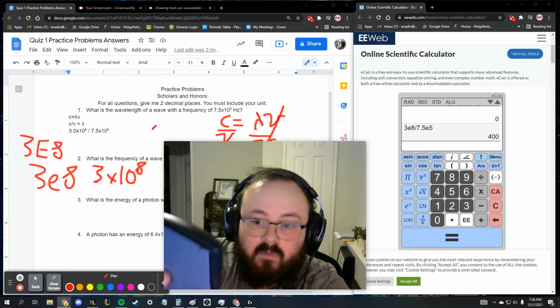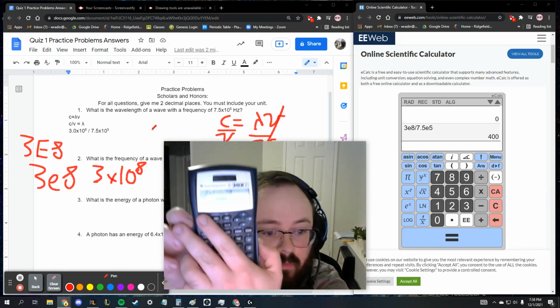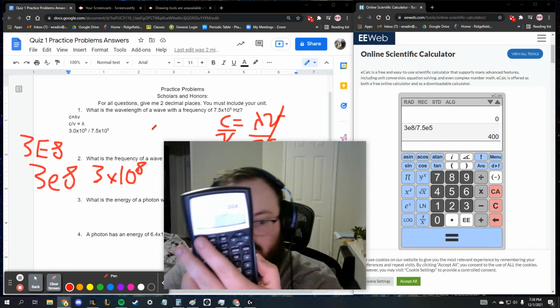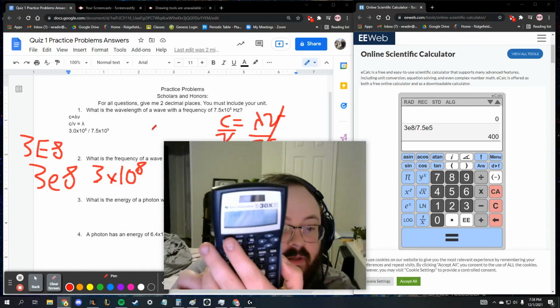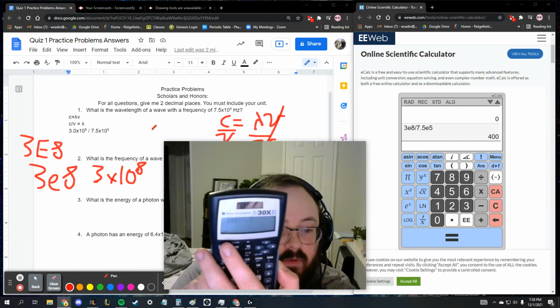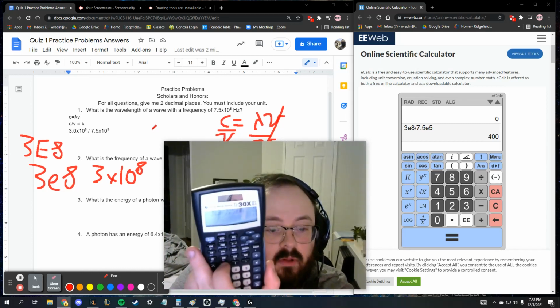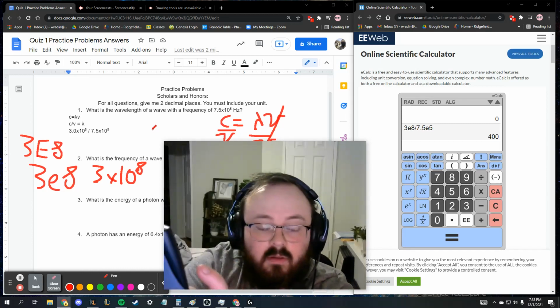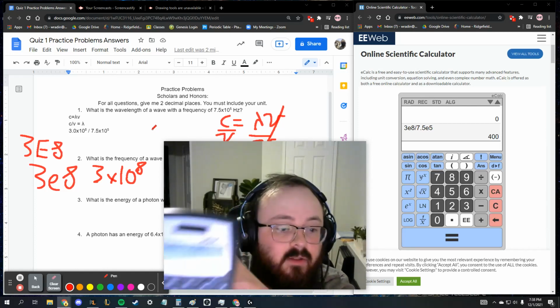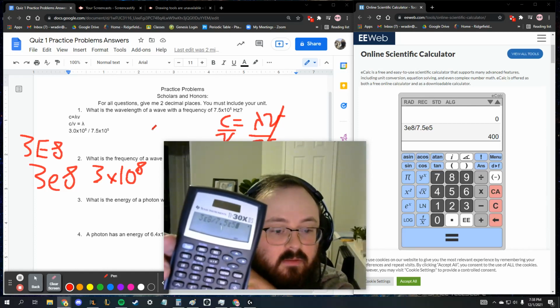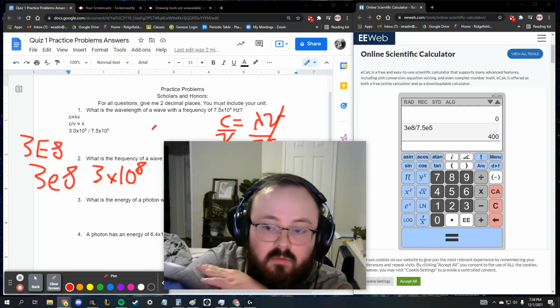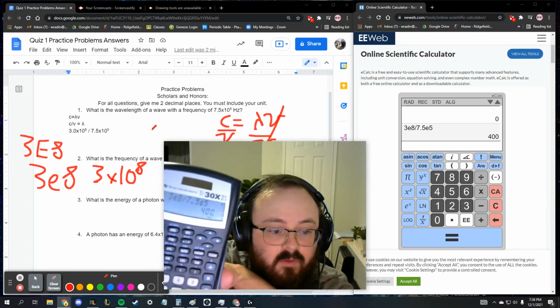I'm going to do 7.5. The glare is not my friend right now. Okay. That second key, this one all the way right here, and then this key again. You get that E, and you press 5. Calculator should look something like this. Press enter, you will get the same thing.